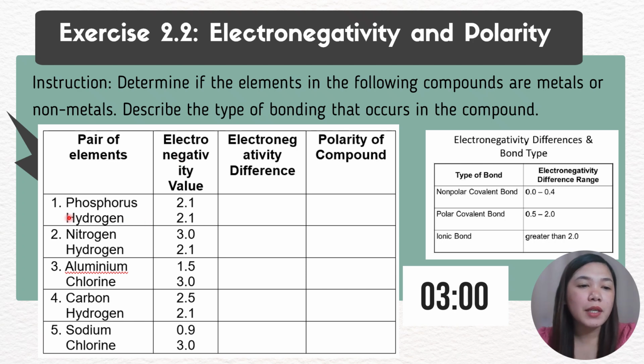At this time, you may just write only 1 to 5, and you write the electronegativity difference and the polarity of the compound, so that I can start my timer. So answer directly, just write the EN difference and the polarity of the compound based on our table. Okay? Start now.